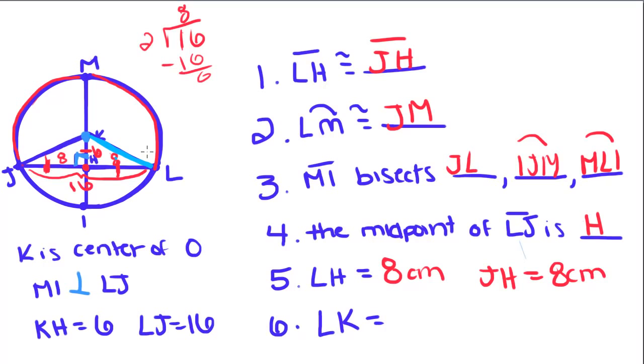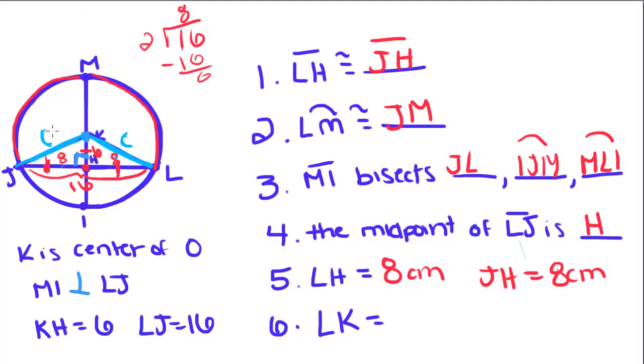Well, if you think about it, KL has to be congruent to JK, because if we were to do the Pythagorean theorem, we would have an A, which is 8, a B, which is 6, and a C right here for this triangle, and we'd have an A of 8, a B of 6, and a C right here of this triangle.